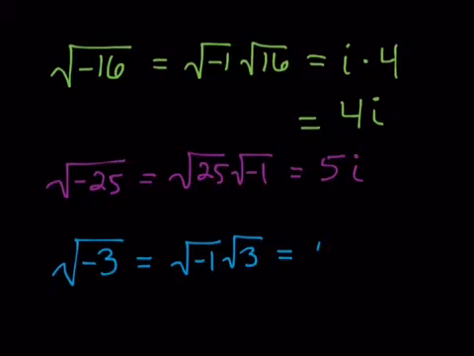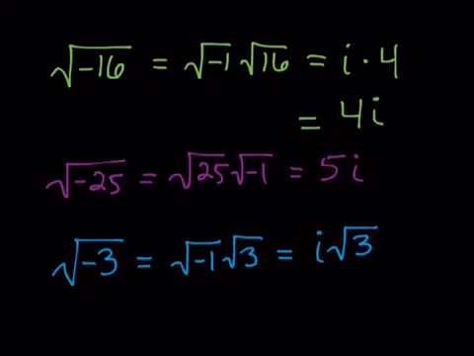The square root of negative 1 is i, and the square root of 3 can't be simplified anymore, so I would write this as i square root of 3. In general, integers like 4 or 5 will go before the i, and square roots multiplied by i will come after the i.